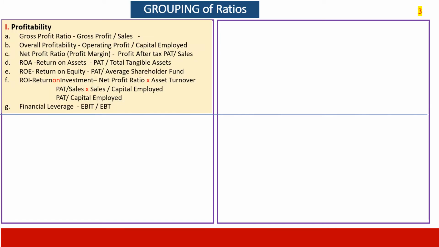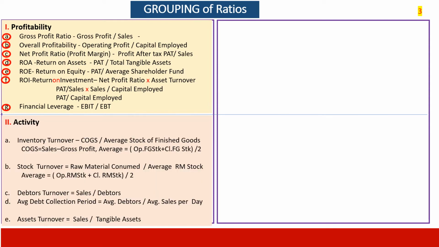Under grouping of ratios, we have under profitability, gross profit ratio, overall profitability, then net profits, and return on assets, return on equity, return on total capital employed. These are the three ratios of profitability. And financial leverage, for the sake of seeing as to how equity gets benefited with addition of debts and at what capacity we are. This is regarding the profitability ratios.